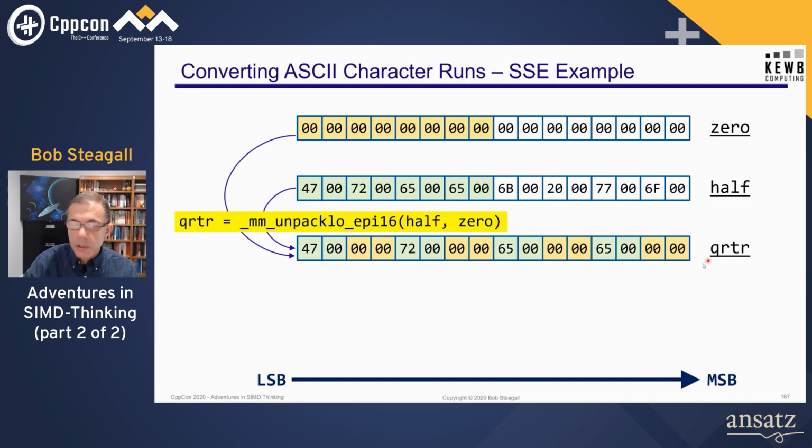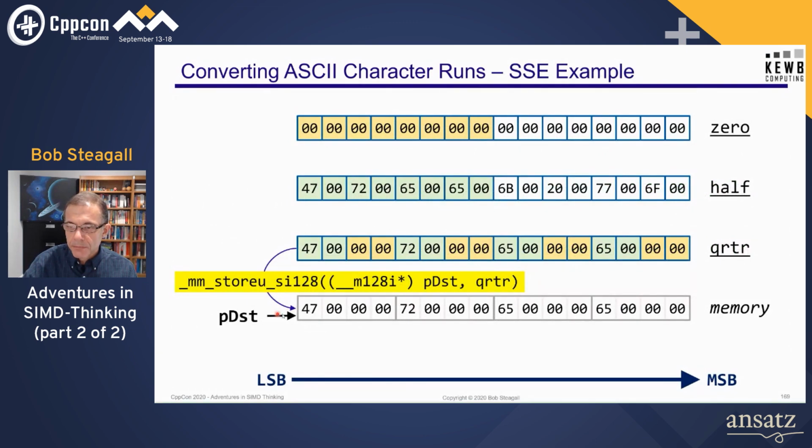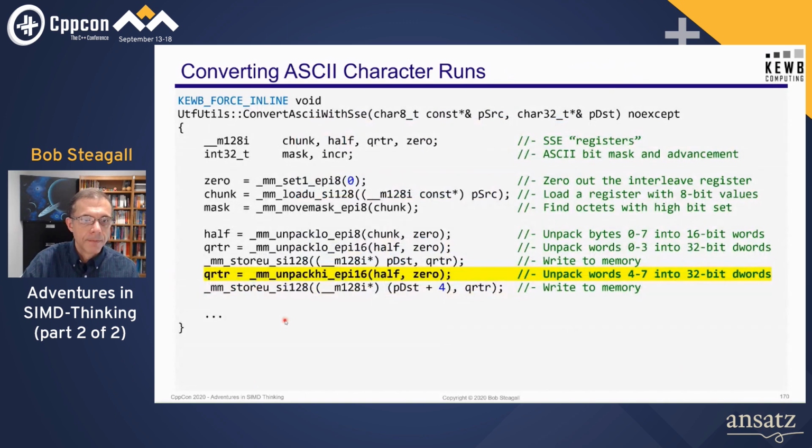So I'm a quarter of the way done, and now I have unsigned 32-bit quantities that represent ASCII numbers that are correctly zero padded. Then I write that out to data, pdest, so I write my first 4 code units.